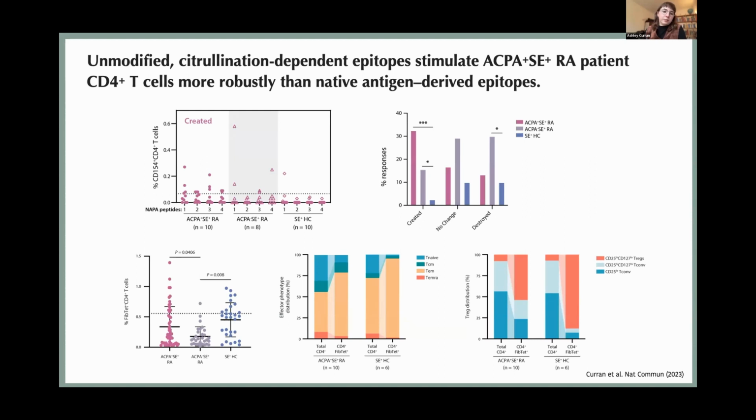And then we did a follow-up study with fibrinogen tetramers, also generated by ProImmune. These are tetramers that contain our created peptide repertoire. And again, we find elevated levels of tetramer-specific cells in the ACPA-positive patients compared to the ACPA-negative patient controls. We do find a significant number of tetramer-positive healthy controls, but these T cells turned out to be primarily Tregs.